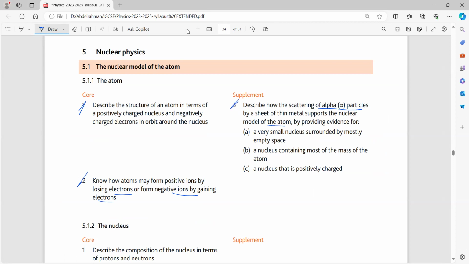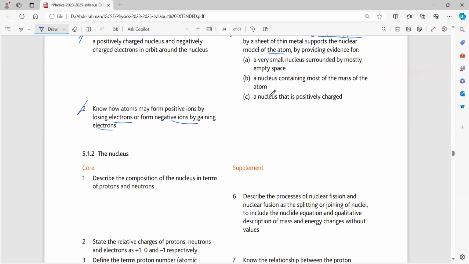The scattering experiment. What did we learn from this scattering experiment? We learned three things. First of all, if these were the nuclei of the thin metal, most of the alpha particles passed without any deflection.